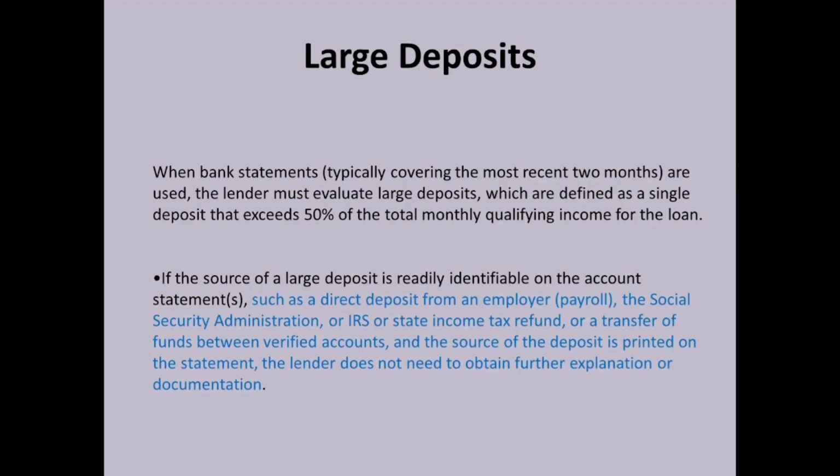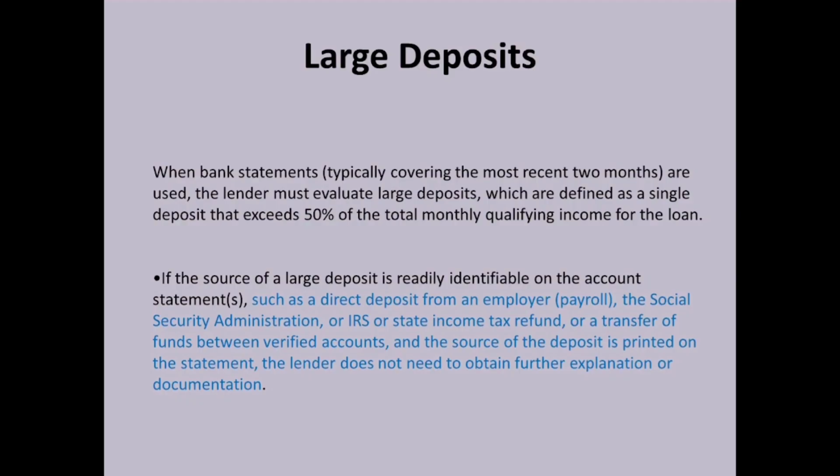If there are two borrowers and each borrower is getting 5,000, so both will get 10,000 monthly, and you are qualifying the borrowers with 10,000. So your large deposit threshold will be 50% of that qualifying income, which is 5,000.